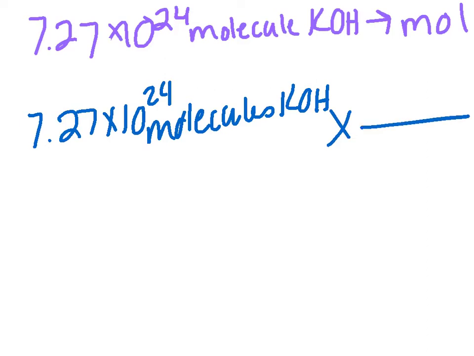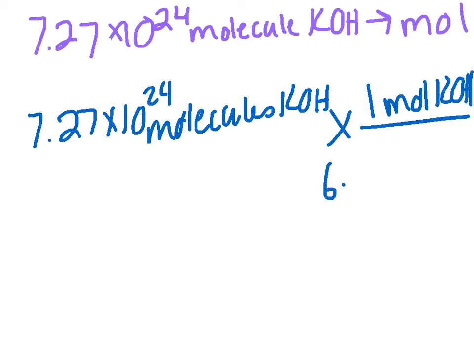So in my conversion, I'm going to put 1 mole of potassium hydroxide on top, and just like 1 dozen roses and 1 dozen eggs both have 12 of the item in there, if we have 1 mole of molecules, it's the same as 1 mole of atoms.